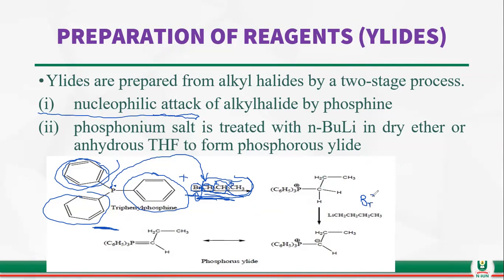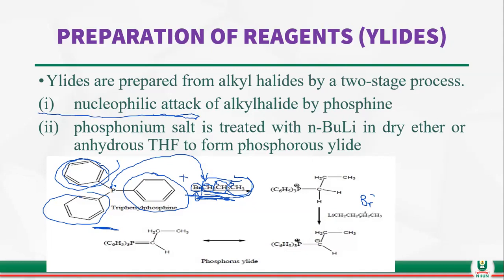But remember that for a Wittig reagent, it is the phosphorus and the adjacent carbon atom to it that are supposed to carry the positive and negative charge. So this is a pseudo Wittig reagent because it has not come fully to that form where it needs to be positive and negative. The negative is still on the halide. So what we do at this stage is to treat it with n-butyl lithium.